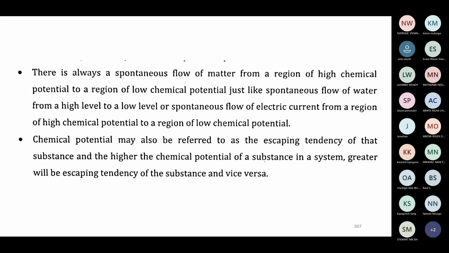So there is always a spontaneous flow of matter from a region of high chemical potential to a region of low chemical potential, just like the spontaneous flow of water from a high level to a low level, or the spontaneous flow of electric current from a region of high potential to a region of low potential.